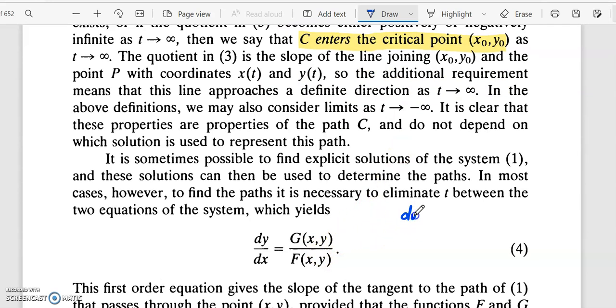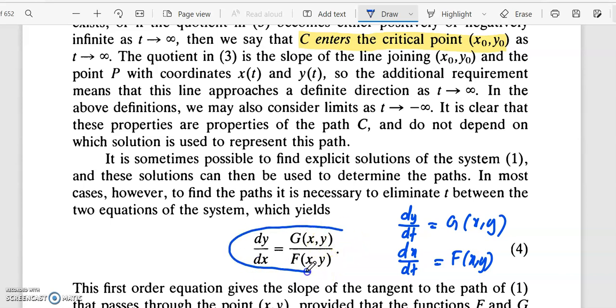We have dy by dt equal to g of x y and dx by dt equal to f of x y. By eliminating dt, we get dy by dx equal to g of x y by f of x y. We can see that this is a first order differential equation.